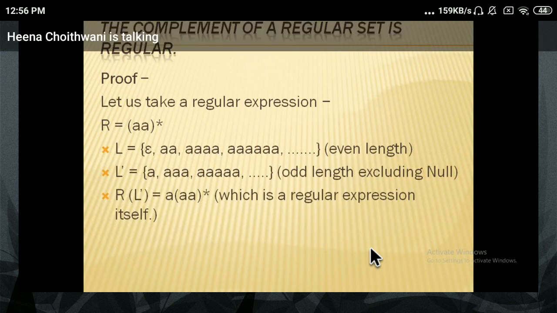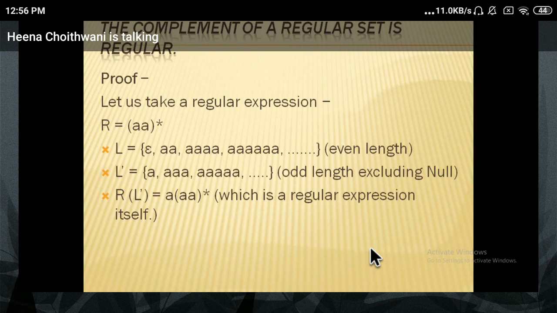Now check how I have written my odd length set so that I can show that it is a regular expression. I have fixed my A and A star. A star is already regular given in the question and singleton sets are regular, right? So A is regular by the rule. That is my third rule, I guess.